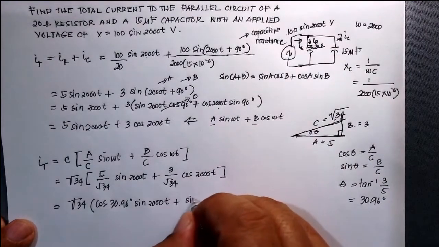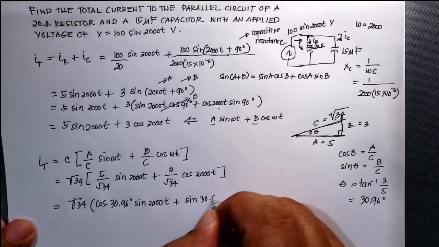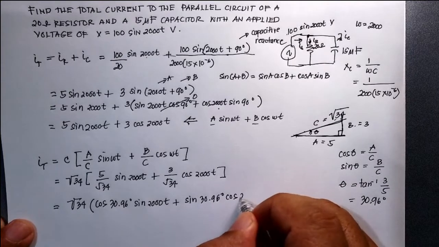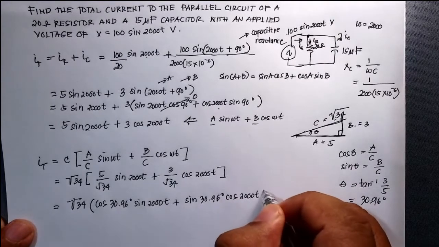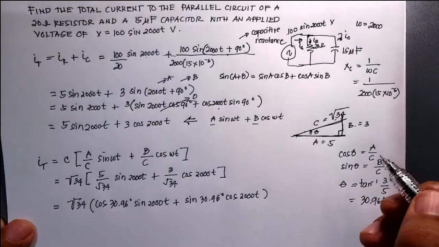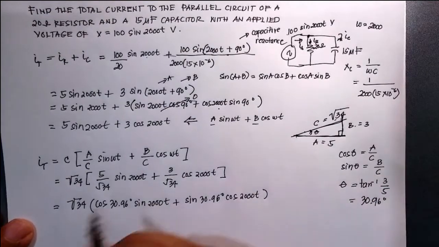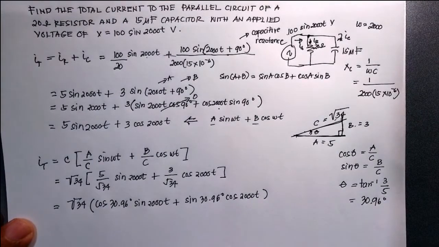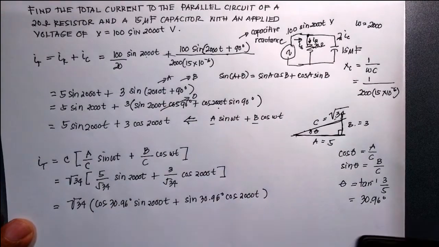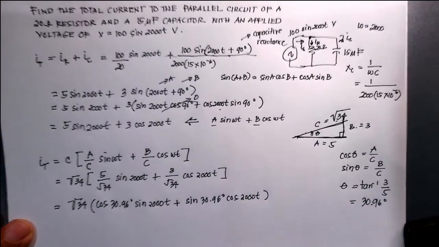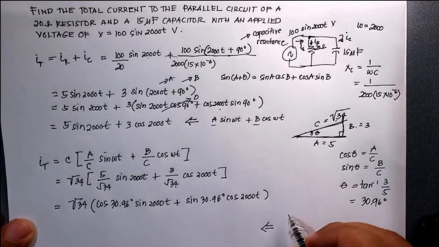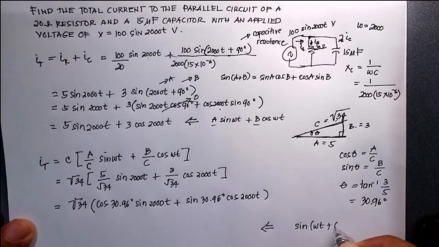So that is sine 30.96 degrees, and you copy cosine 2000t. Now let us distribute this one and have the value in the form sine omega t plus theta.